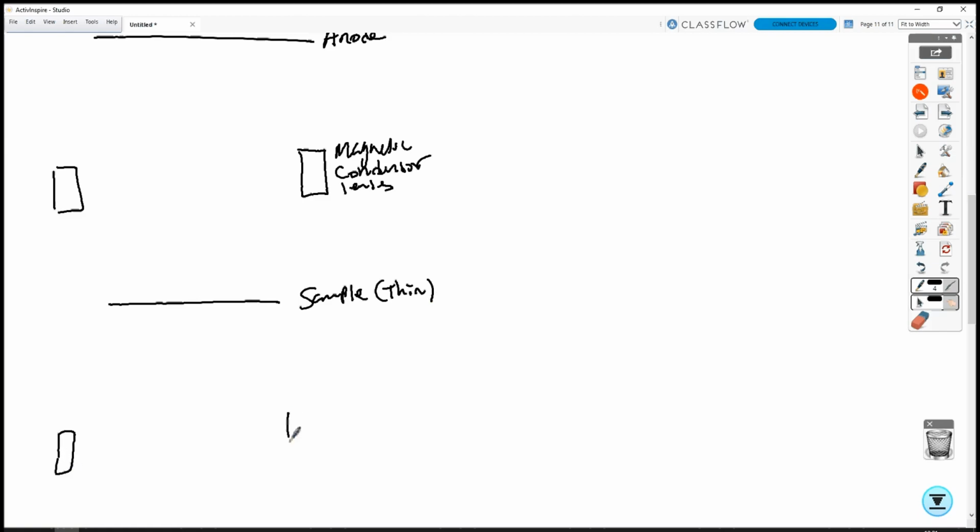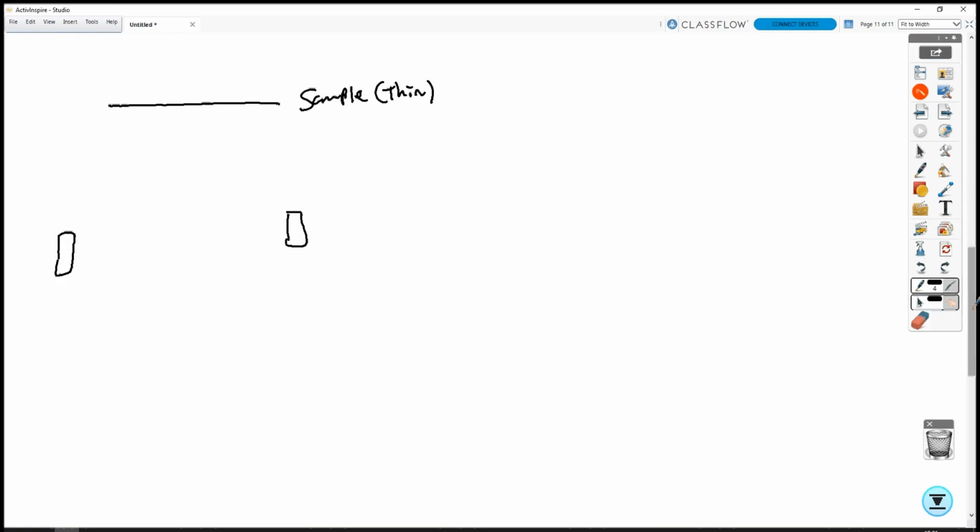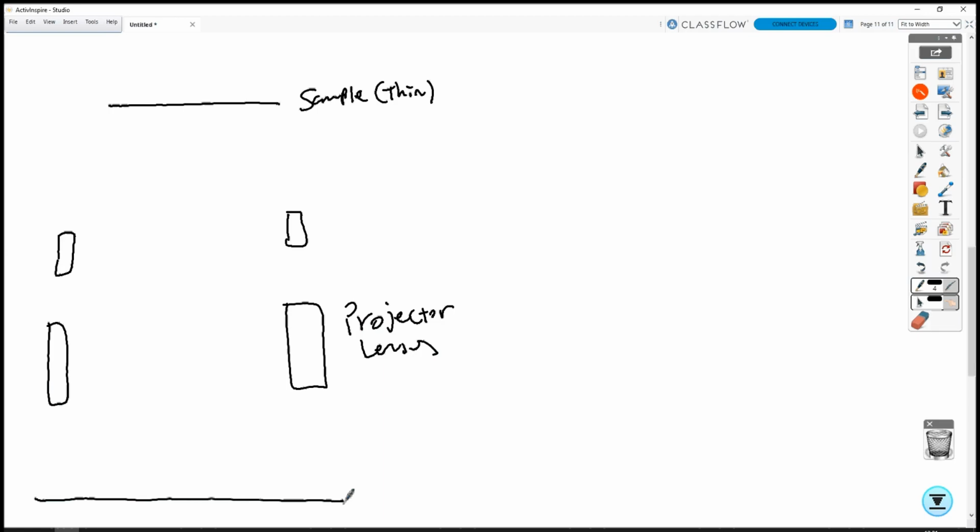Then we can have a few more magnetic lenses, called the projector lenses. And then have a screen at the bottom.